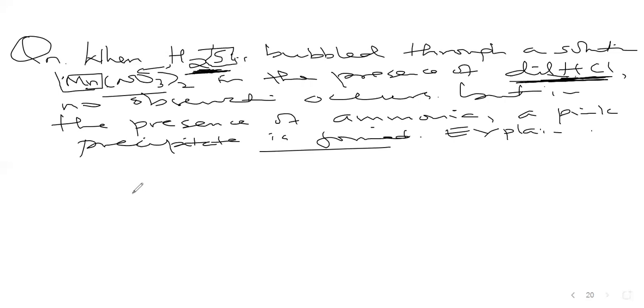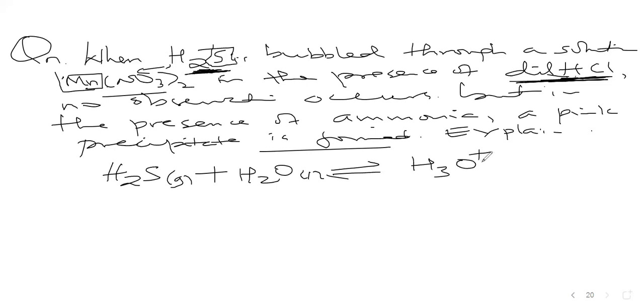Let's look at the first part of the question. This is what we have. The solution of hydrogen sulfide in water, or you may write a gas, and then you say it ionizes in water to give us which ions? It gives us hydrogen ions. And what else?